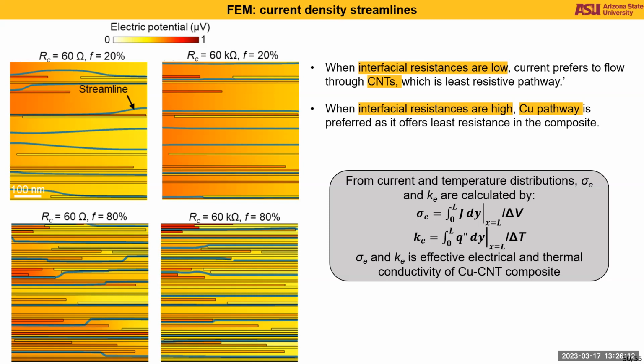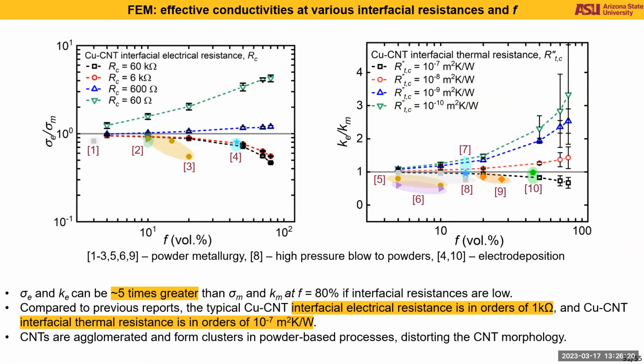So using the empirical relations, we calculated the effective thermal and electrical conductivities. On the left side are the effective electrical conductivities, and on the right are the effective thermal conductivities as a function of CNT volume fraction and copper CNT interfacial resistances.